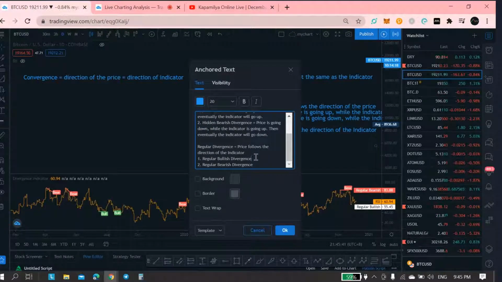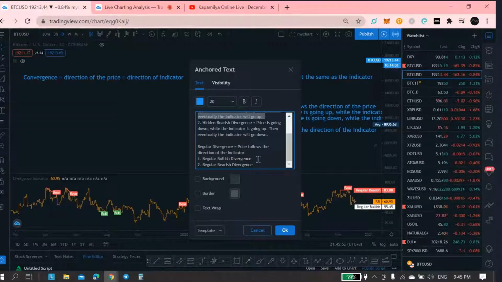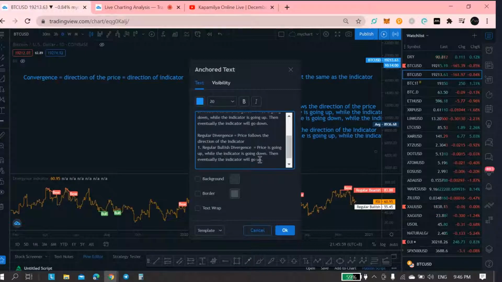In a regular divergence, we can just copy this and change the price to indicator. The indicator is going up while the price is going down.